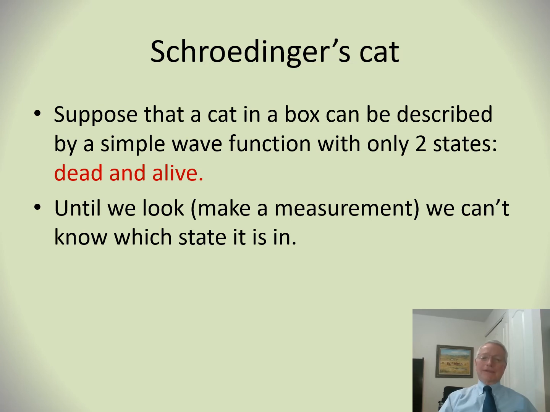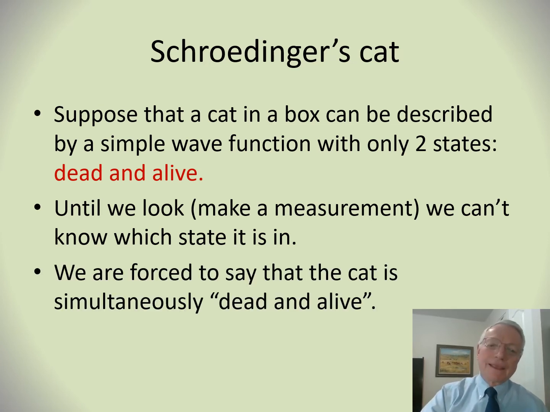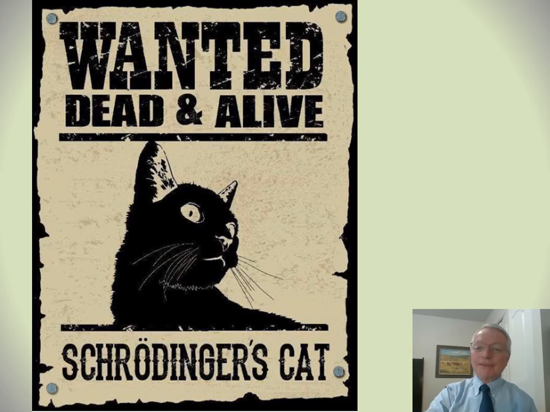It's both dead and alive until you look in the box. We are forced to say, if we believe Schrodinger's theory, which he hated, we're forced to say that the cat is simultaneously dead and alive. You can even find posters about this. You can find t-shirts that say this.